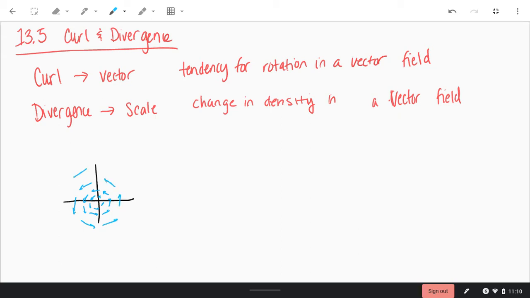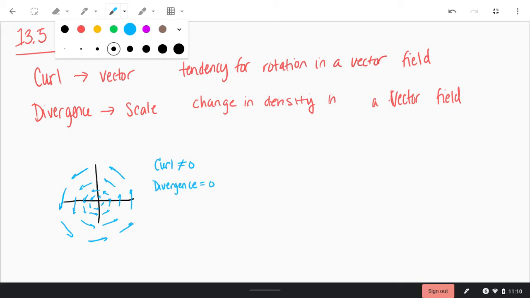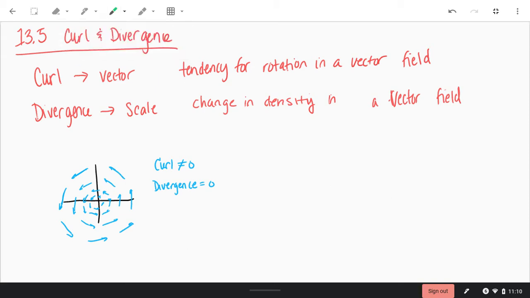A vector field that looks like this obviously has curl because you can see rotation in it. So curl is not 0 here, or the 0 vector. But also here, the divergence is 0. Because if we're along any sort of path here, the arrows don't get any closer together or farther apart as we stay on that path.